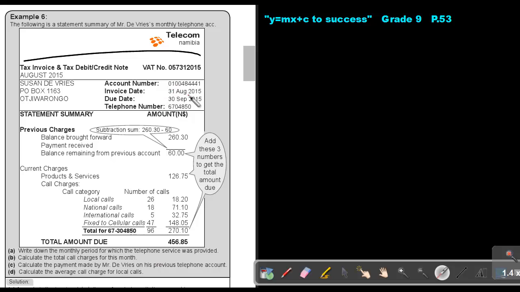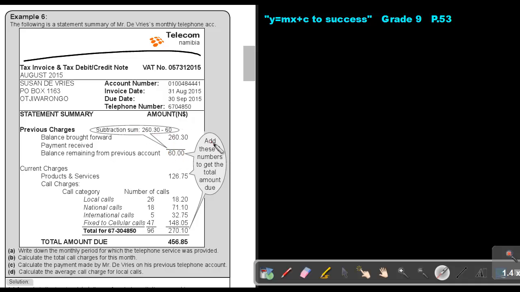The invoice date is 31 August. The due date is 30 September, so it was for August, and this is the telephone number. The previous charges were 260, balance brought forward 260, and balance remains 60. So it seems she didn't pay the full bill. She paid part of the bill, but there's still 60 outstanding.